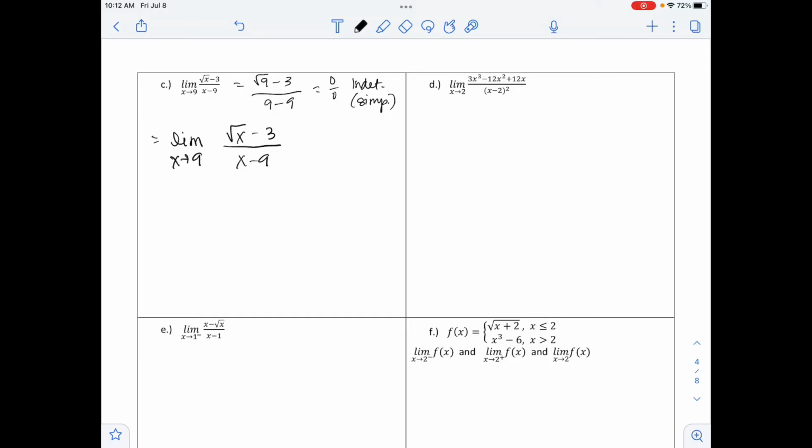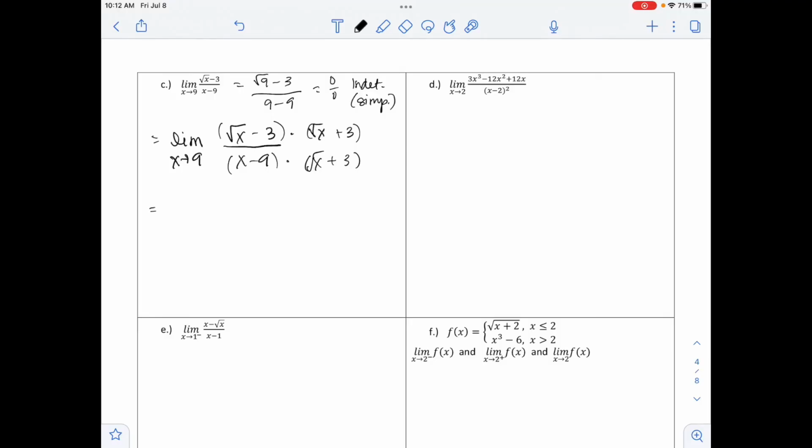You can either factor the denominator, which might be a little tricky for some of us, or you can multiply by what's called the conjugate. And the conjugate is going to be the part that has the radical in it. And instead of a minus sign in there, we're going to have a plus. So the conjugate of the numerator will be the square root of x plus 3. And then also multiplying the same thing to the denominator.